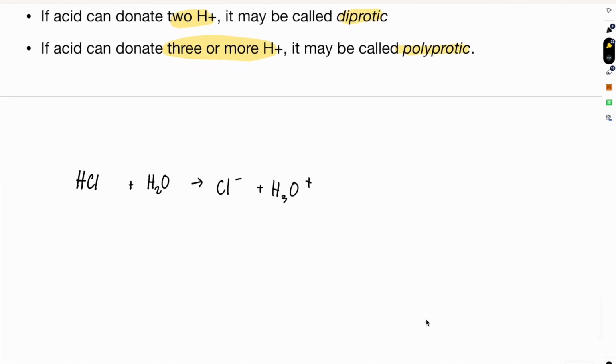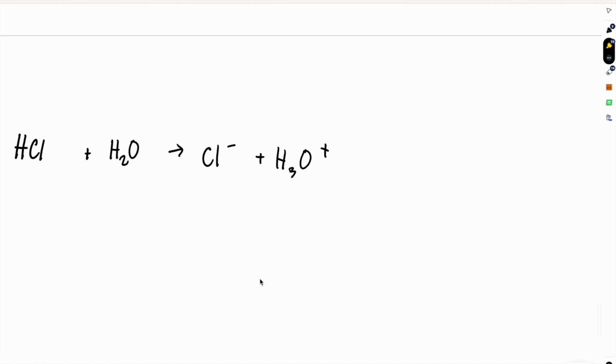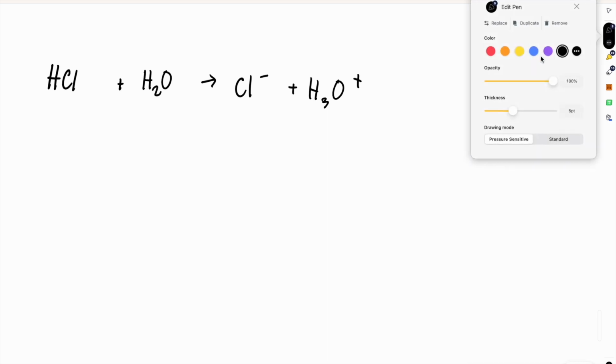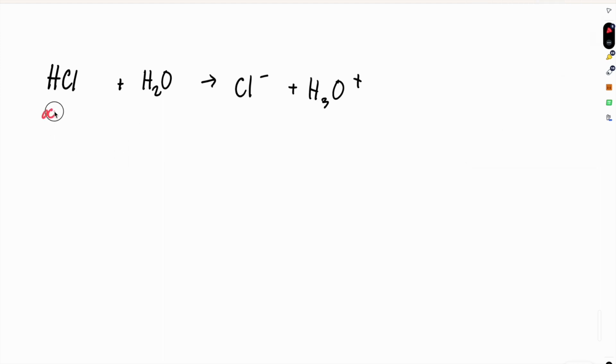Here's an example. We have HCl plus H2O. So HCl here is what? It's an acid because HCl will become Cl minus in the product phase.